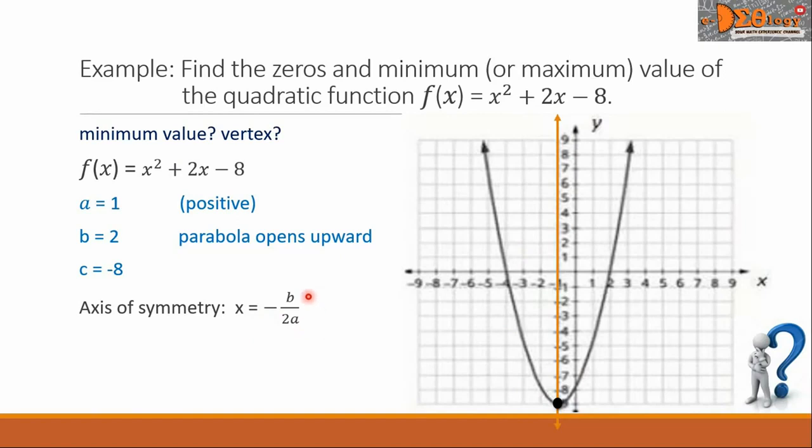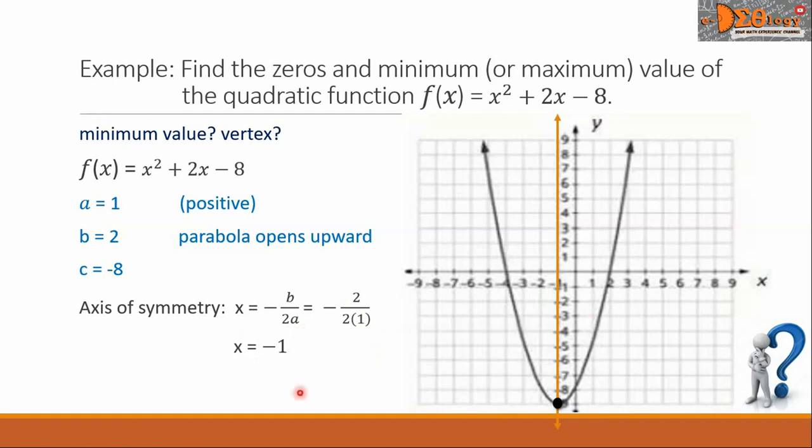These a and b are the coefficients of x squared and x respectively. Substituting the values, we have now this negative of b, and the b is positive 2 over 2 times a, and the a is now changed into 1. Simplifying this, we have now x equals negative 1.